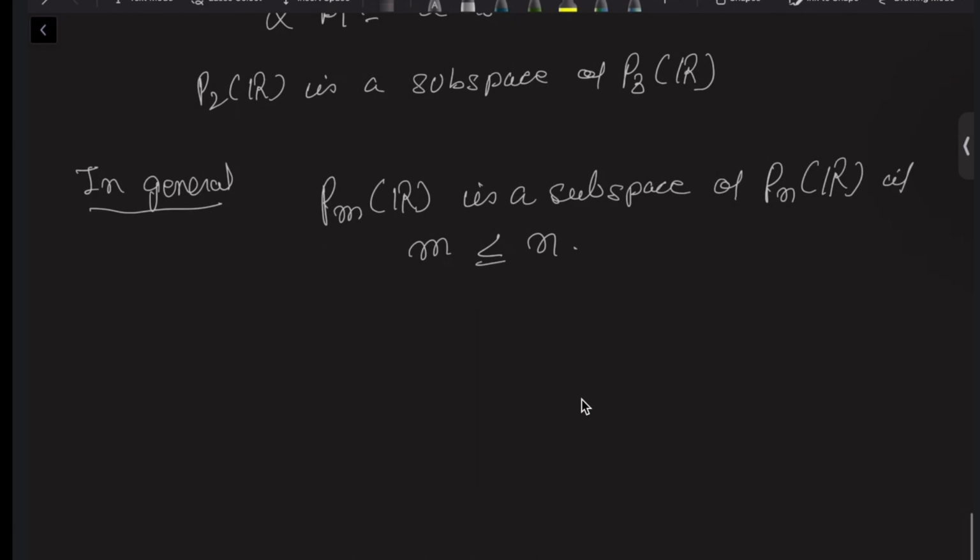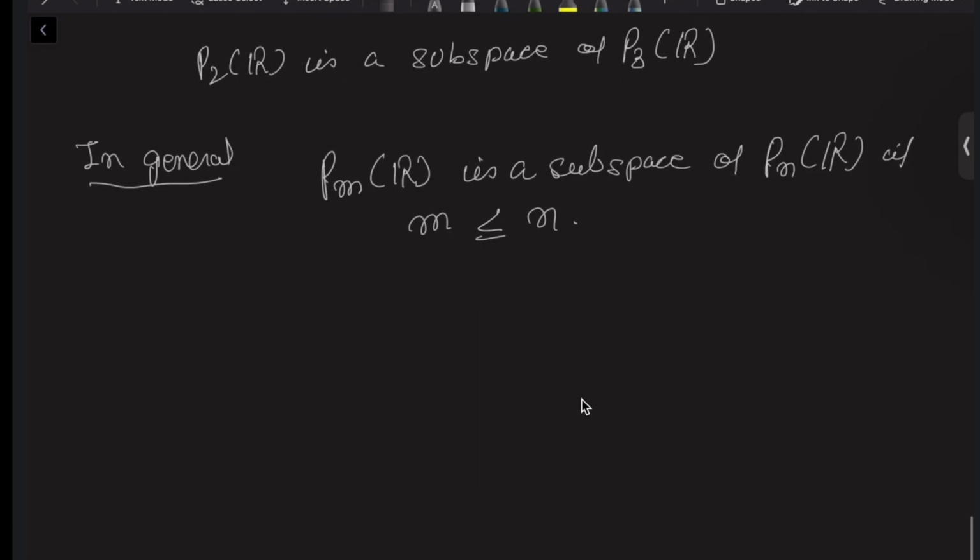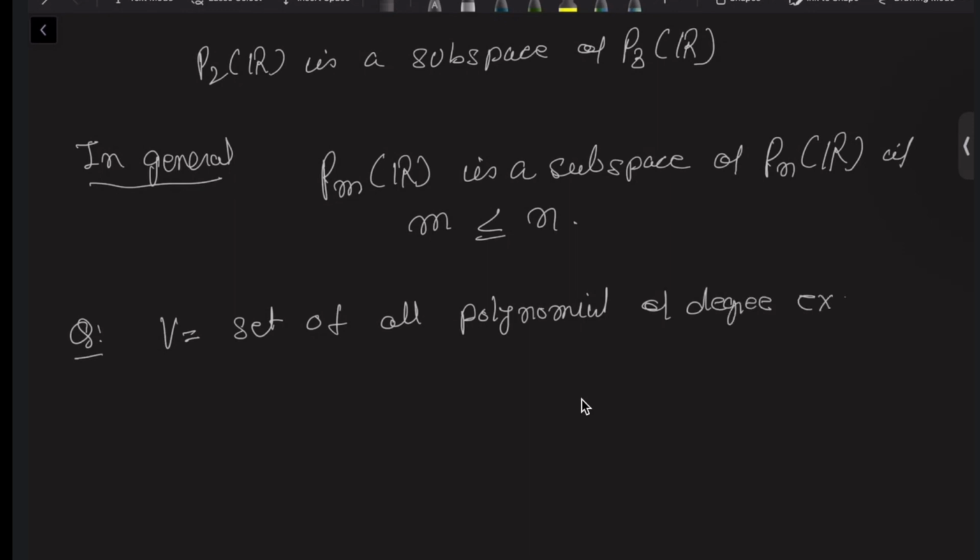Okay, so I have a quick question. Let V be the set of all polynomials of degree exactly 2. Is this a vector subspace or a vector space?